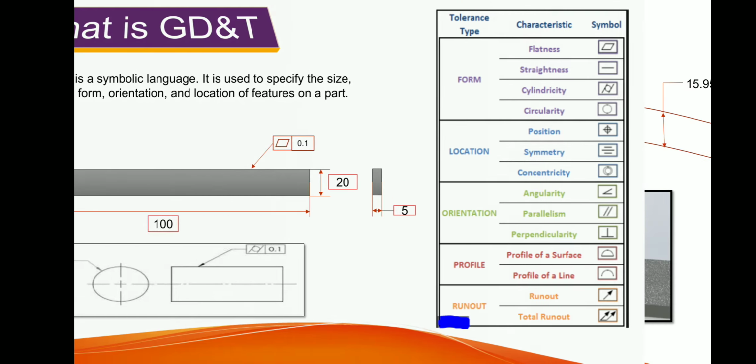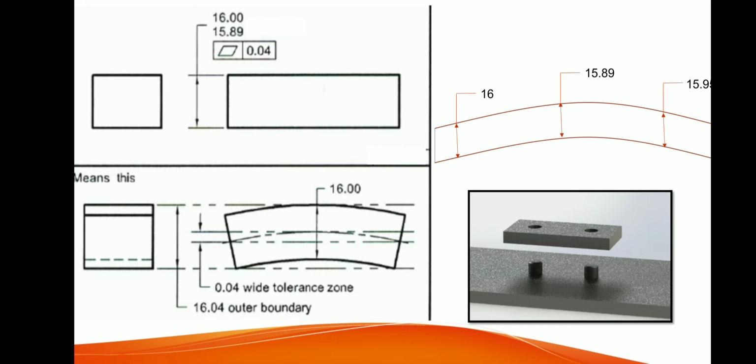Let's take an example. If I give a tolerance of only 16 and 15.89, then that means I am controlling the size of the feature. I am not controlling its shape. Then the part may be produced like this. Here it is 16, 15.89, 15.95. All these are within the tolerance limit of size. But what about this shape, this curved profile? I cannot say that this part will assemble at its assembly condition.